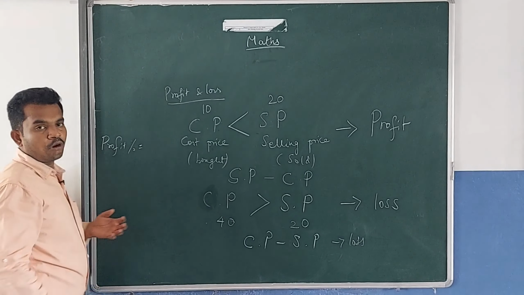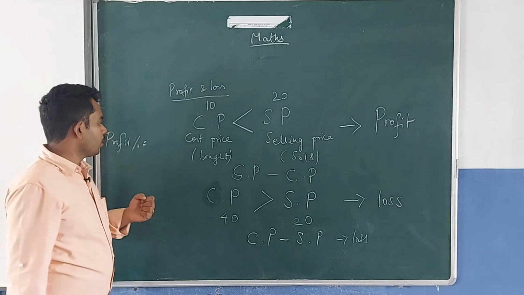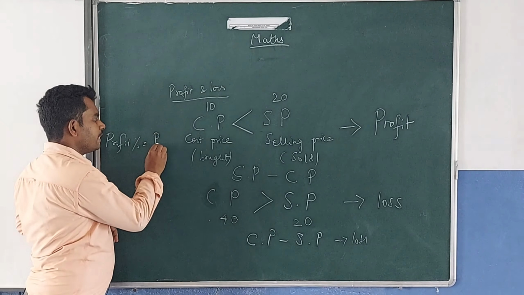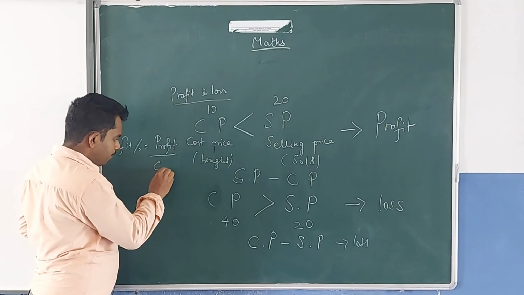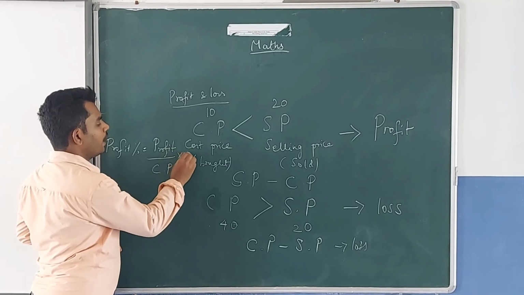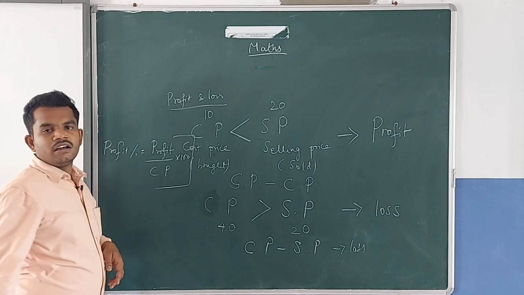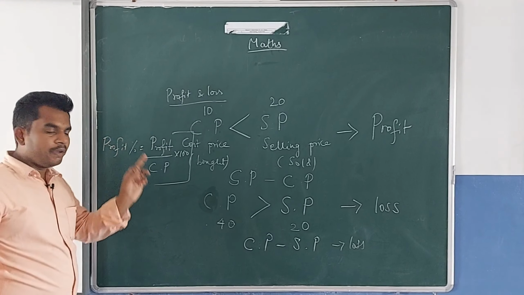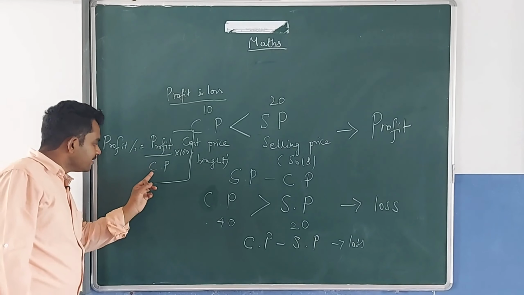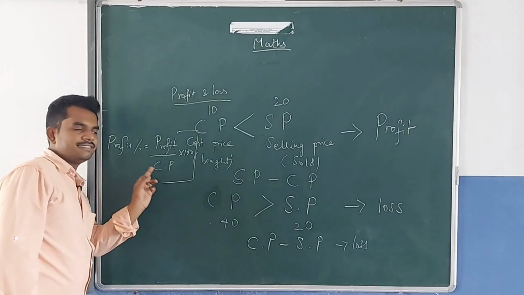How to find profit percentage? Profit divided by CP into 100. Okay, important formula. Profit percentage is always calculated by CP itself, not SP, CP.